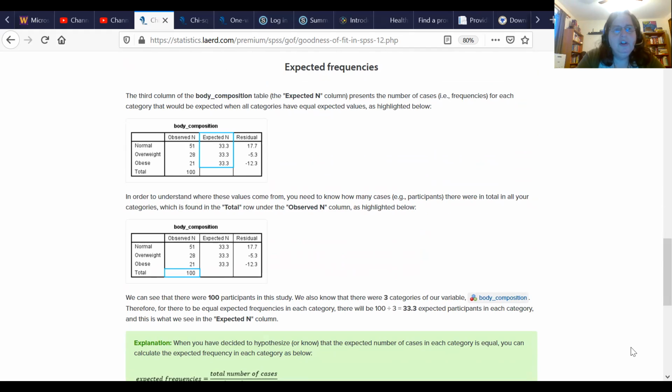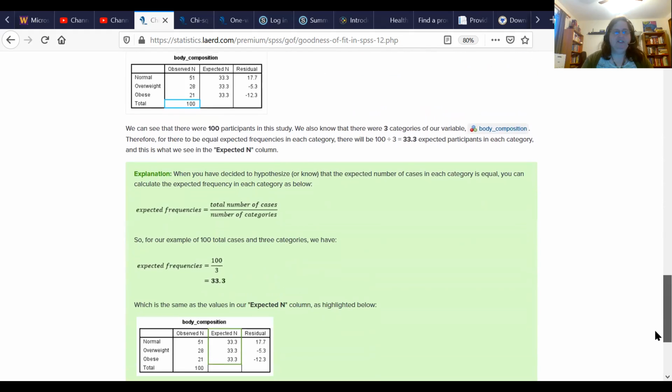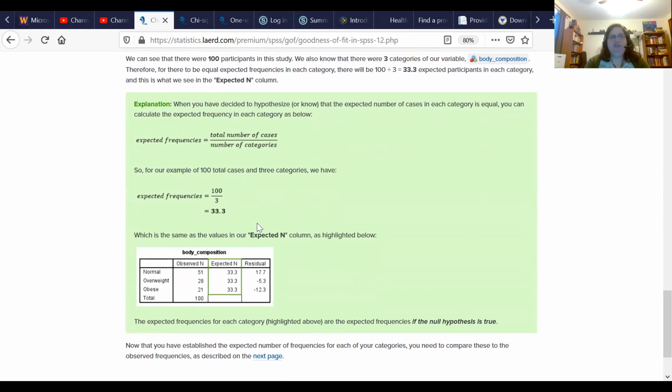Okay. So in terms of expected frequencies, we talked about where those come from, so you have a little bit of an understanding of that. This is just a little more explanation of how they took the 100 divided by 3 and got 33.3.